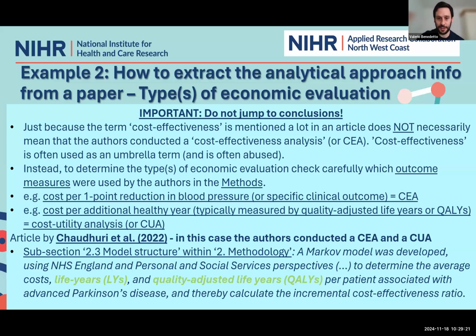To be honest, there's no limit to that. And you got the information about the types of economic evaluation here highlighted in green. So they use QALYs, so we got a cost utility analysis, but they also use life years, which is something measured in natural units. It's not really composite, so it's a cost effectiveness analysis. Any questions?